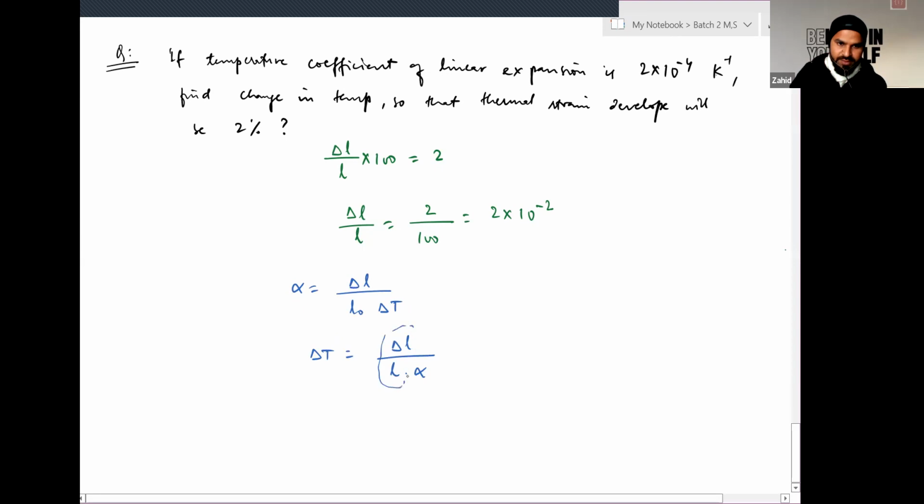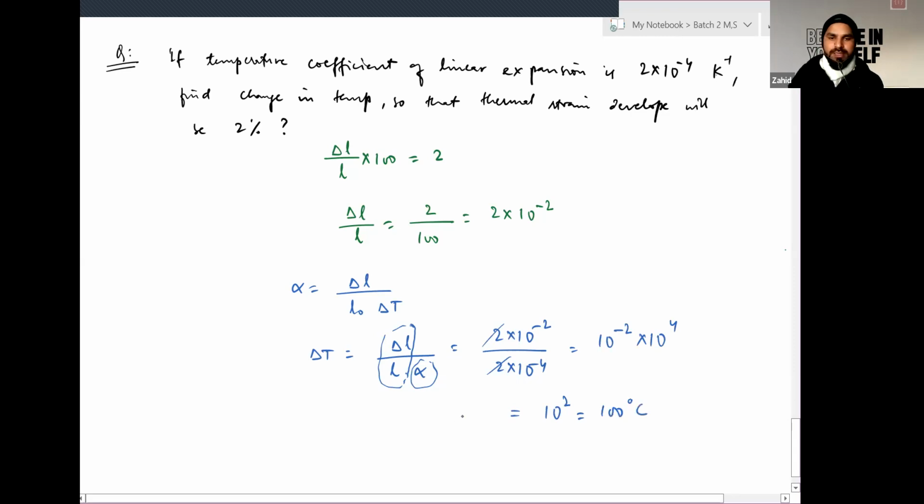Now delta L by L is 2 into 10 to the power minus 2, divided by alpha, which is 2 into 10 to the power minus 4. So this 2 and this 2 will cancel out. If you move 10 to the power minus 4 to the numerator, it will become plus. So 10 to the power minus 2 and 10 to the power plus 4, you will get 10 to the power 2, or that will be 100 degrees Celsius.